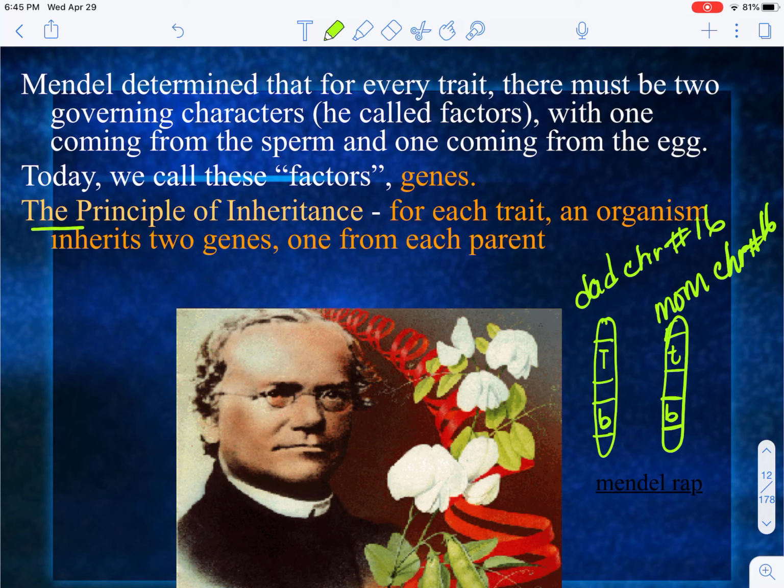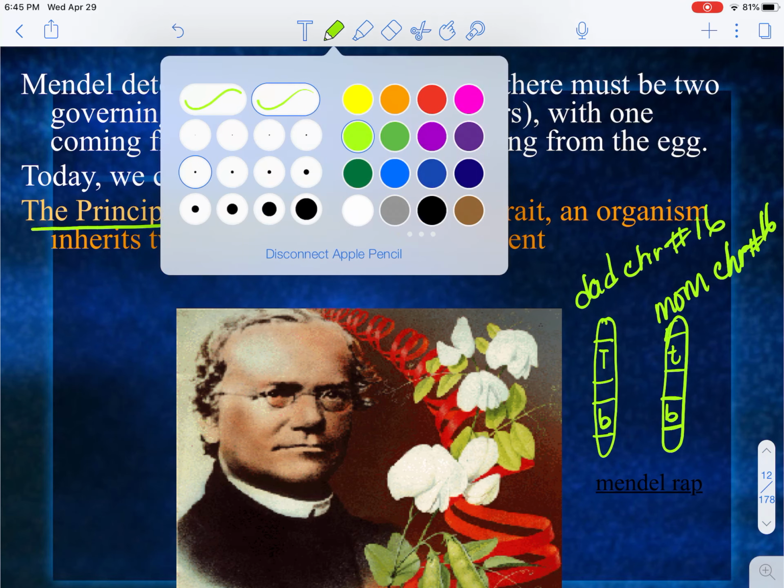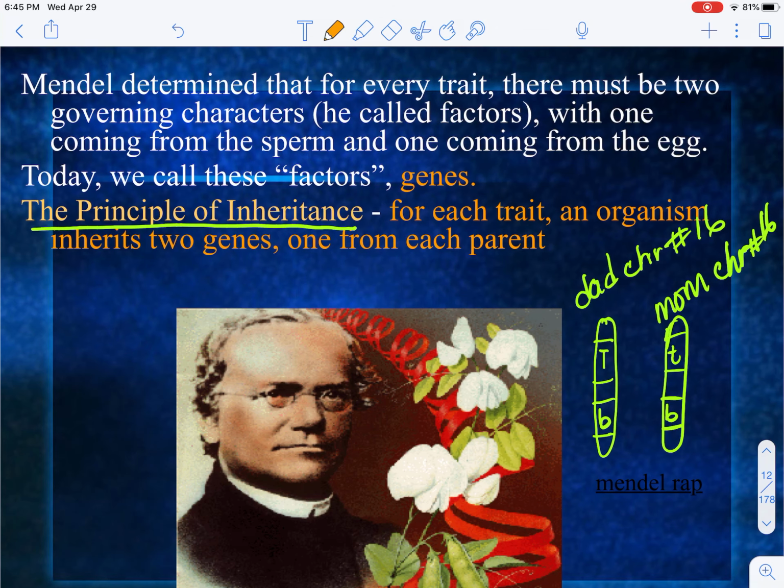He didn't know about the word gene, but he called them factors. He came up with the principle of inheritance, saying that with every trait, you inherit a gene from each parent. Now, when we look at chromosomes, I just drew this on the page here. Here's chromosome number 16, perhaps from dad, and chromosome number 16 from mom.